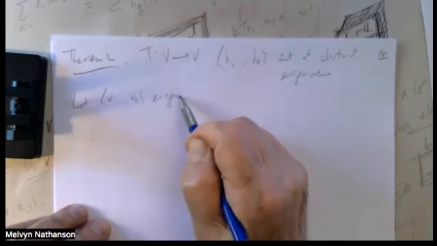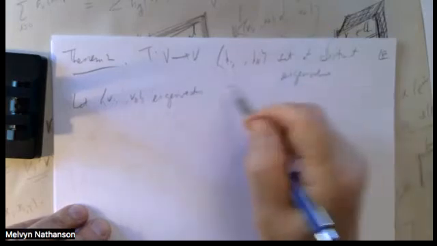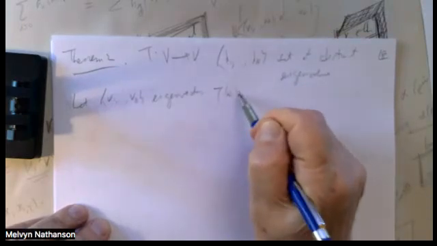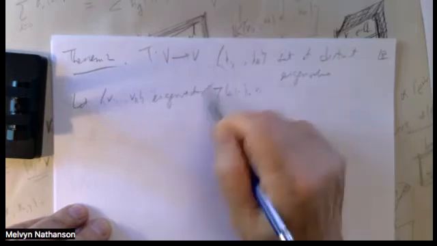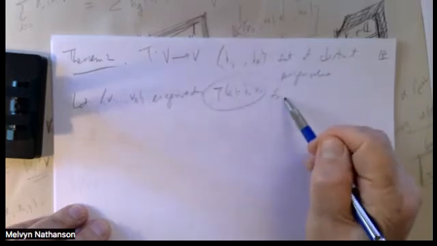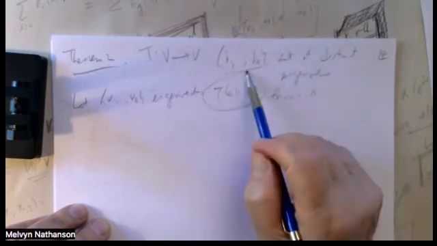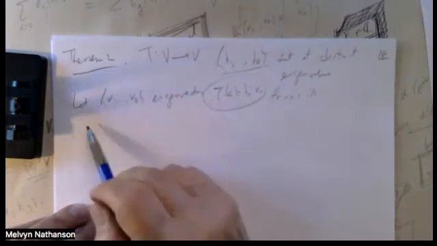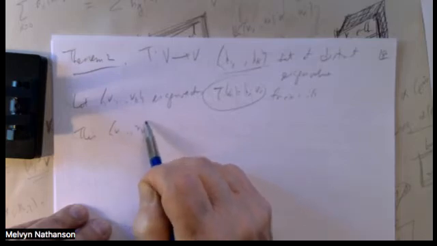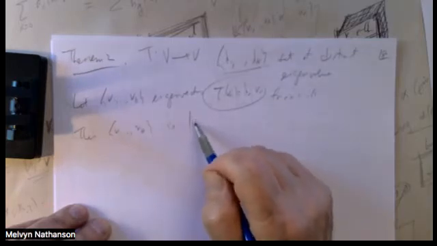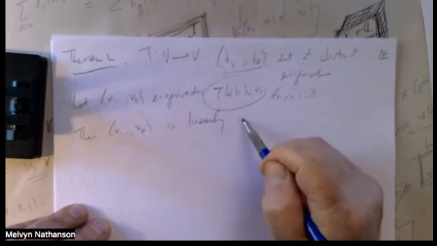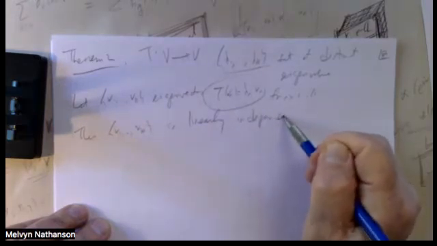These are eigenvectors, T of vi is lambda i vi for all i. So these are pairwise distinct eigenvalues, and the v's are the corresponding eigenvectors. Then this set of eigenvectors is linearly independent.